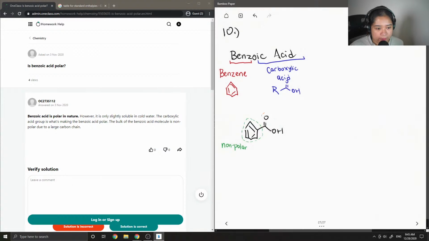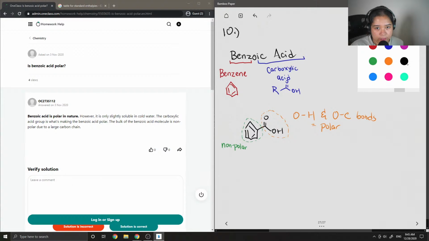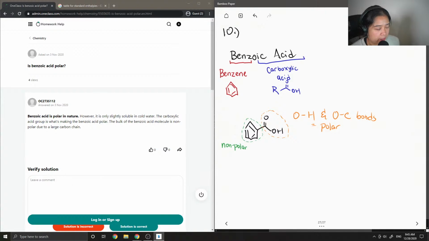But however, if we look at our carboxylic acid groups, they contain the oxygen-hydrogen and oxygen-carbon bonds, which are polar. So if you were to describe the polarity of benzoic acid, it is considered slightly polar.